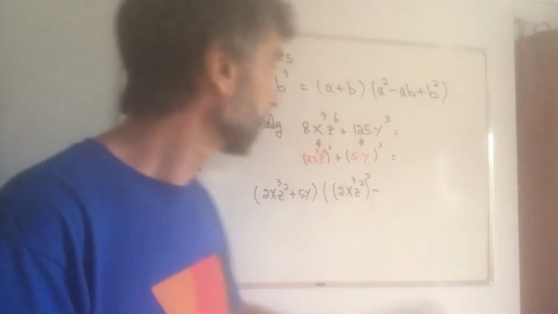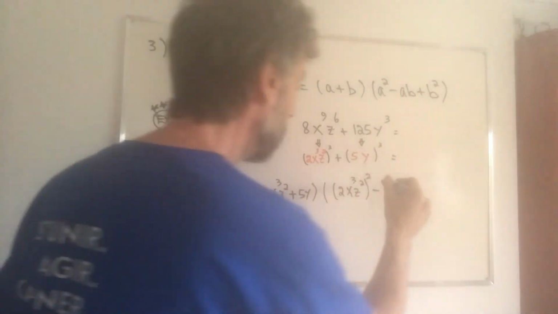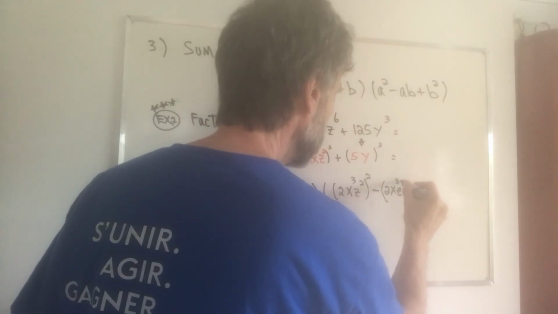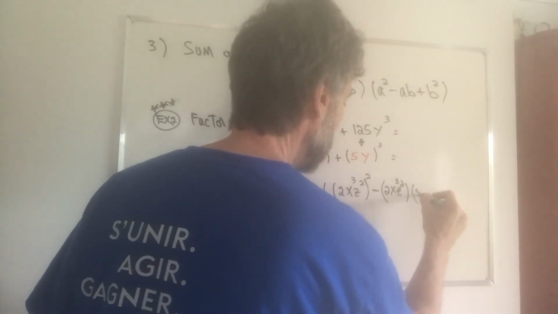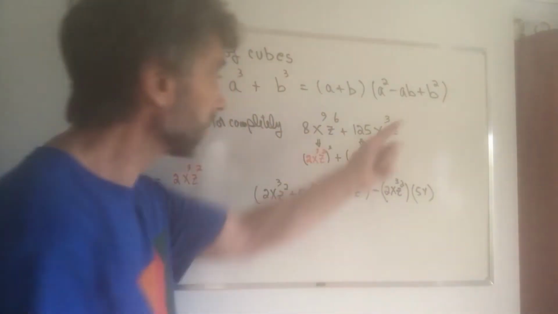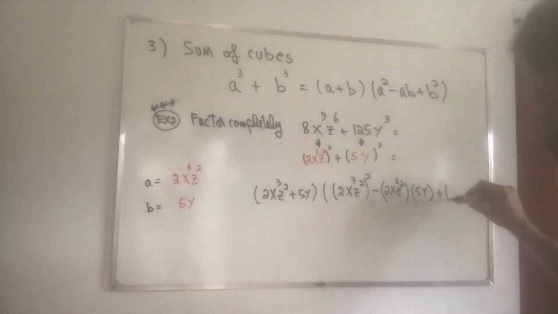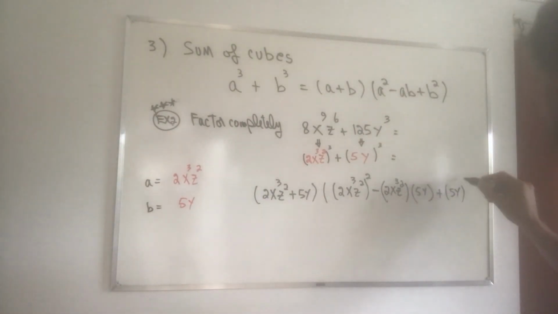So minus a times b, so minus 2x^3z^2 times 5y, so that's my minus ab term, and then plus b squared, so plus 5y all squared.